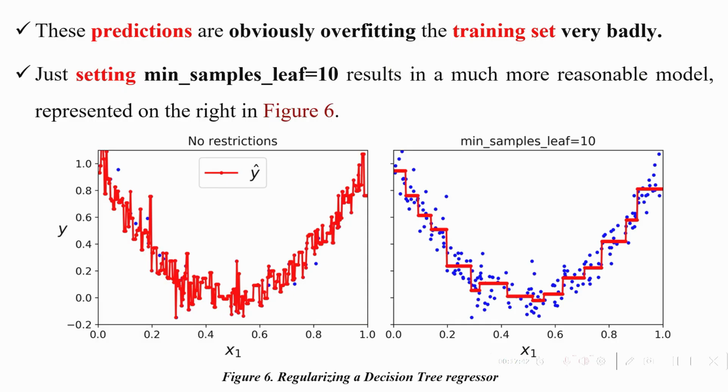Just setting min_samples_leaf equal to 10 results in a much more reasonable model, which is represented on the right side of the figure. These are better results compared to the left one. Like that we overcome overfitting, and like that we construct the decision tree for regression also.